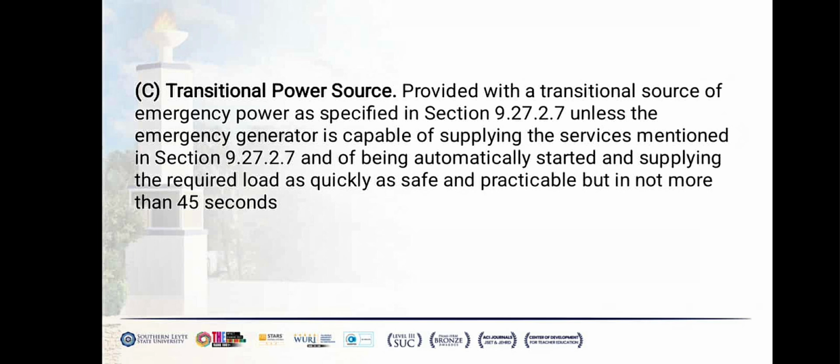Provided with transitional source of emergency power as specified in section 9.27.2.7 unless the emergency generator is capable of supplying the services mentioned in section 9.27 and being automatically started, supplying the required load as quickly as safe and practicable, but not more than 45 seconds.